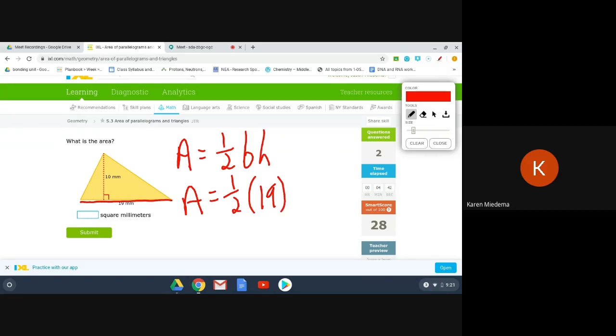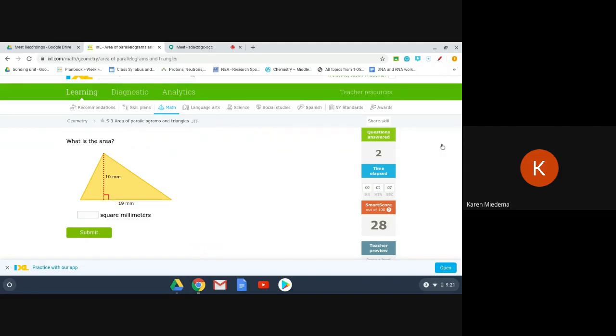And the height is 10. I'm going to go ahead and enter this all in a calculator. We got 1/2 times 19 times 10. We get 95. So 95 square millimeters.